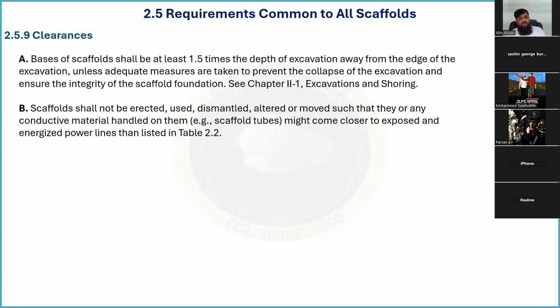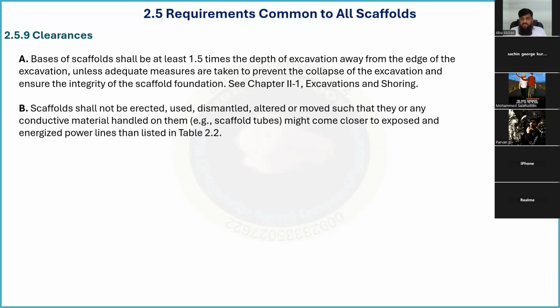Scaffold shall not be erected, used, dismantled, altered, or moved such that they or any conductive material handled on them, for example, scaffold tube, conductive as electric conductor, might come closer to exposed and energized power lines than listed in table 2.2. So we will look at table 2.2. The minimum distance we have to maintain is for the scaffold, but also for the material handled on the scaffold.